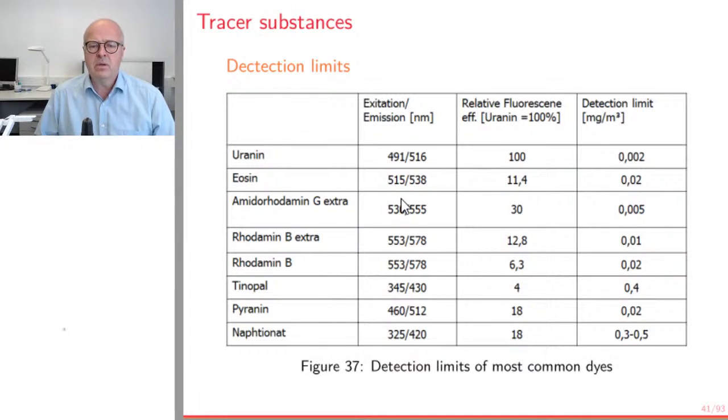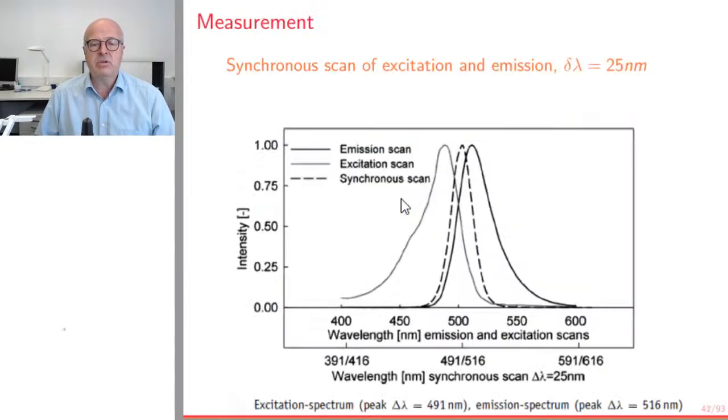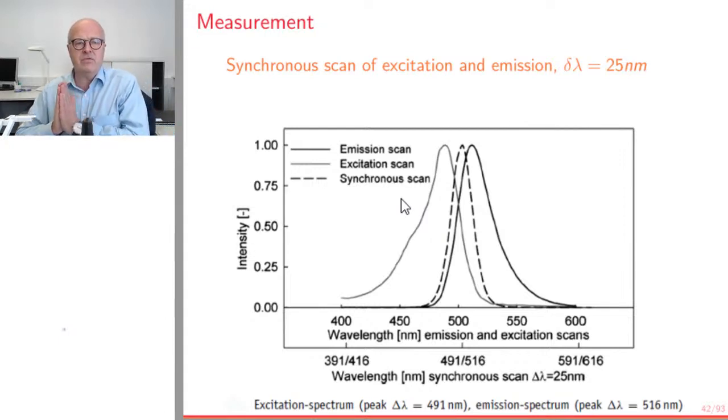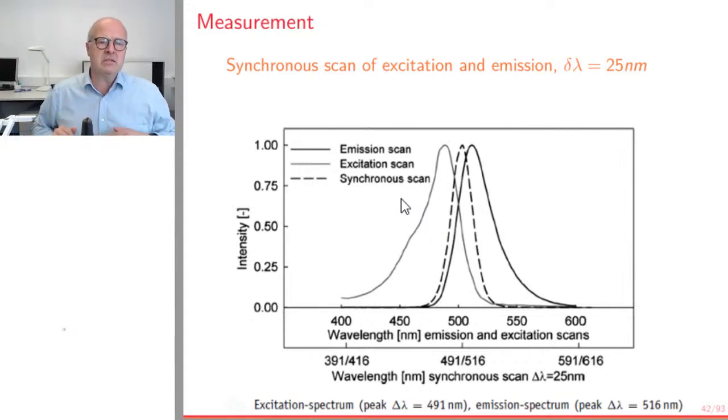Okay, so this table is important in terms of properties. Now, I already told you about this synchron scan. This is the most sensitive measurement. So we actually have a light source that scans through all the wavelengths, let's say from 400 to 600 nanometers. There are spectrometers that you can program to do this on a regular basis.